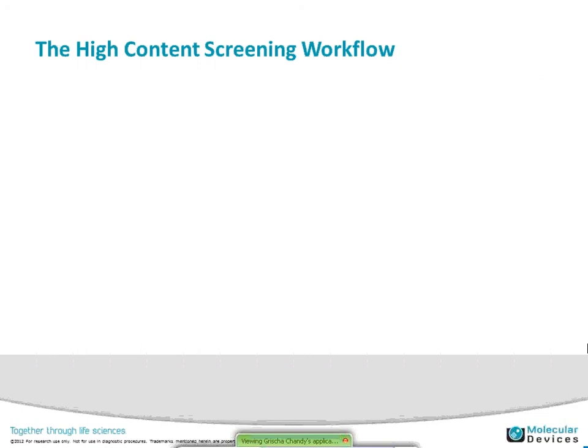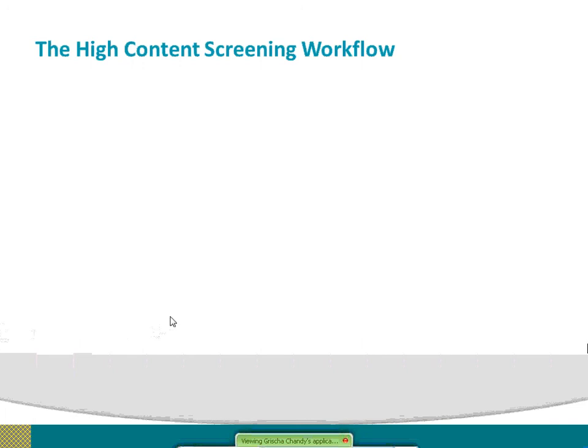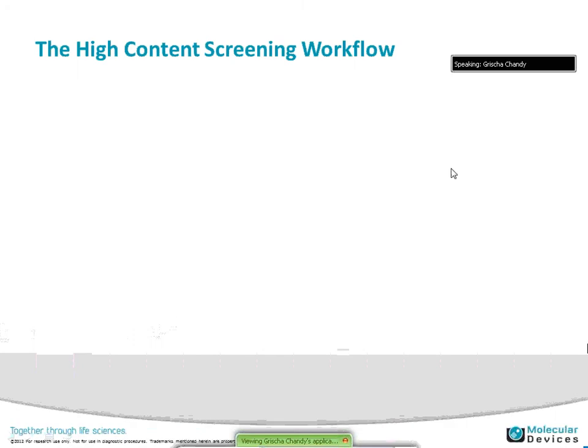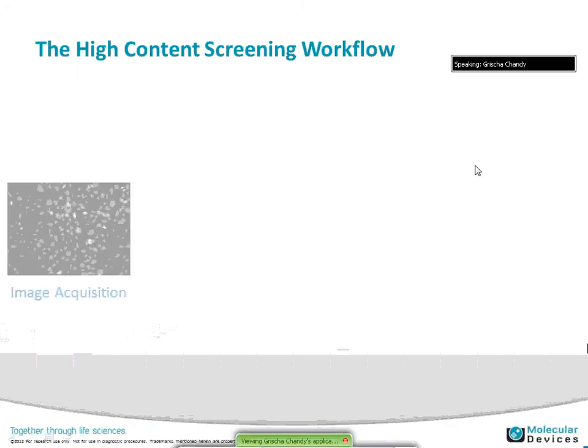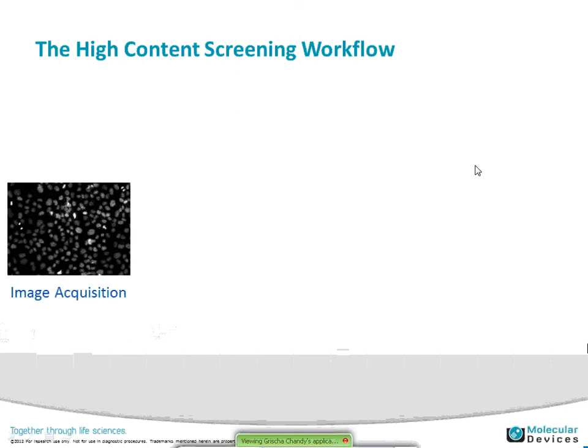Okay. So a short introduction to the high-content screening workflow for those unfamiliar with high-content screening. There's usually some driver to acquire cells in a plate or slide format to do some type of screen. And you need to acquire images across the plate.